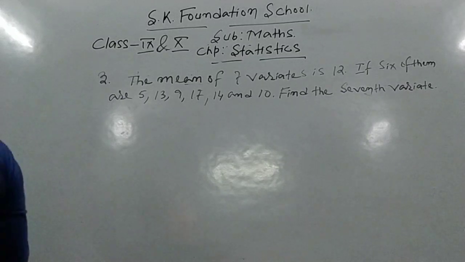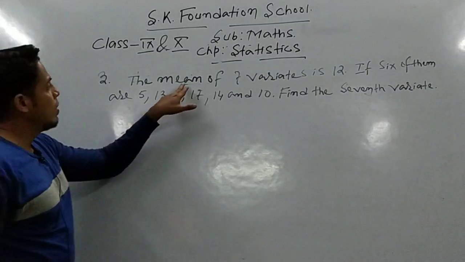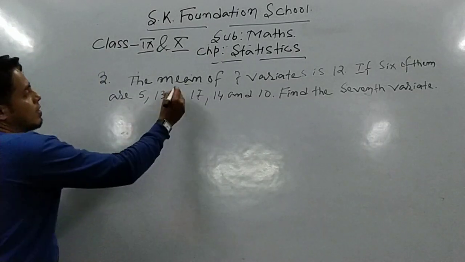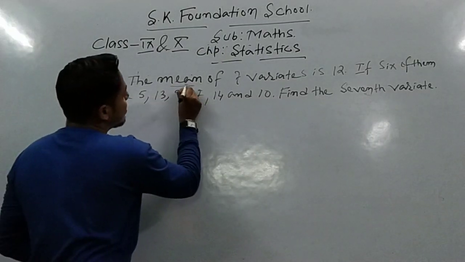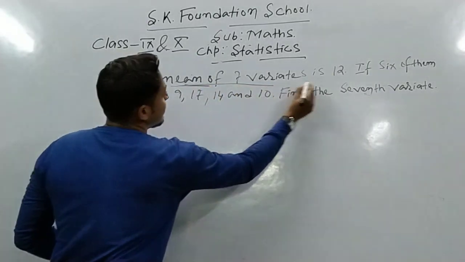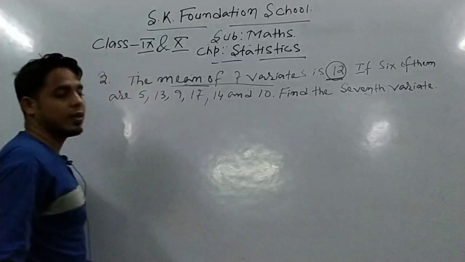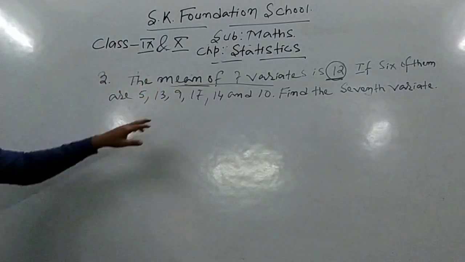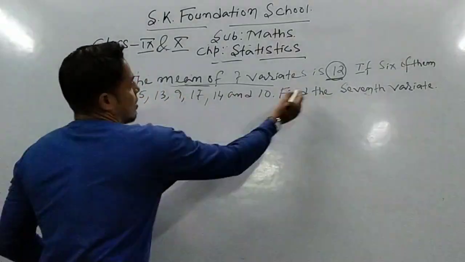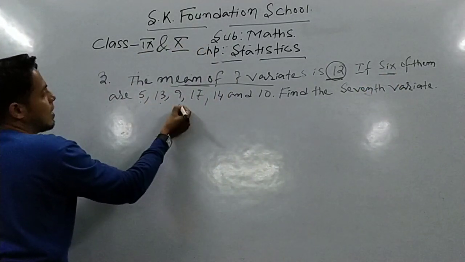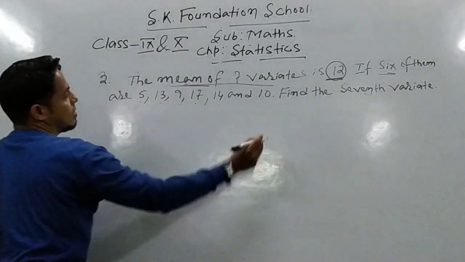Previously we only found the mean. Now look here, the value of the mean is given. The mean of 7 variates is 12, so this 12 is the mean. The values of 6 variates are already given: 5, 13, 9, 17, 14 and 10.